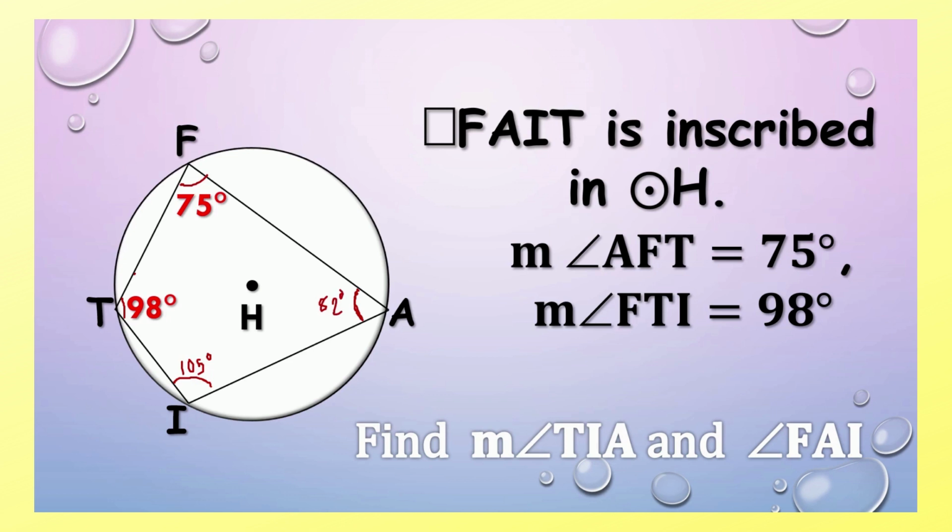Okay, so the measure of angle TIA is equal to 105 degrees. And the measure of angle FAI is 82 degrees. Okay? Next.